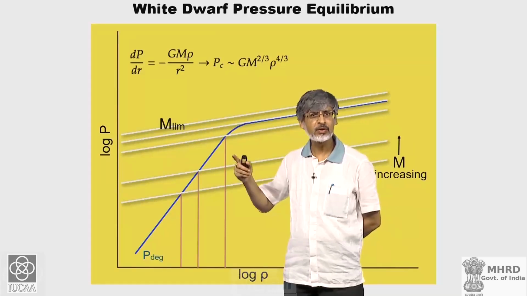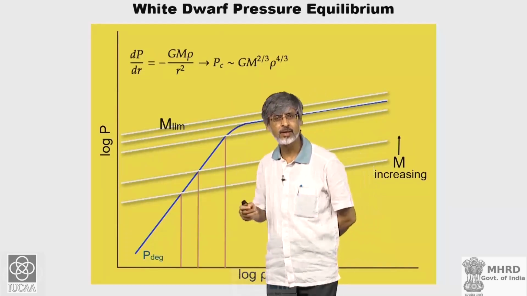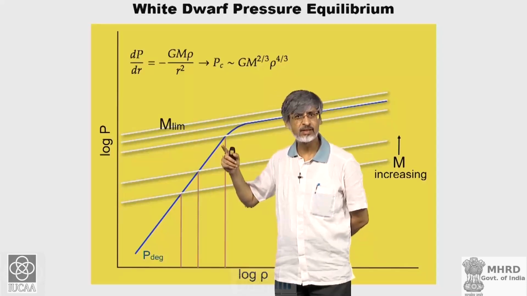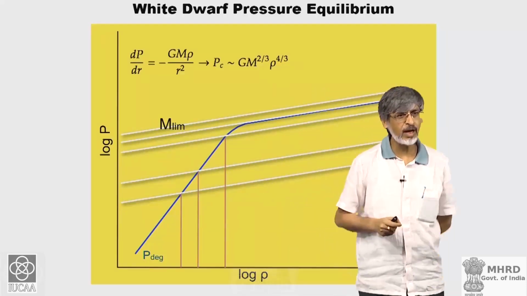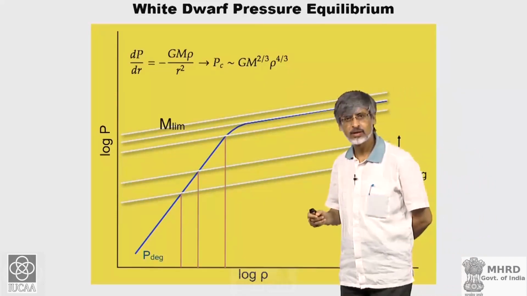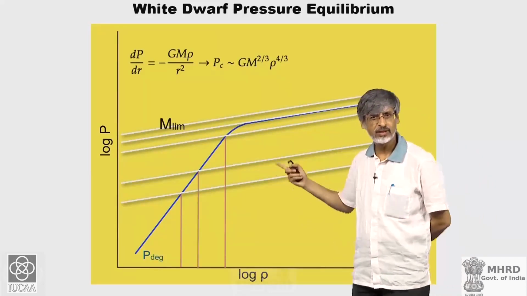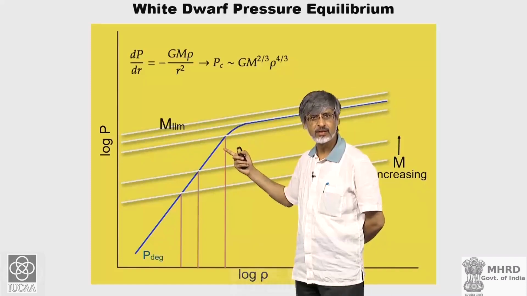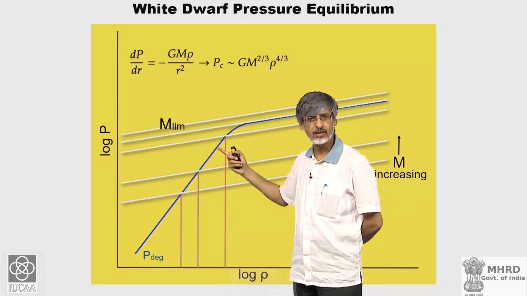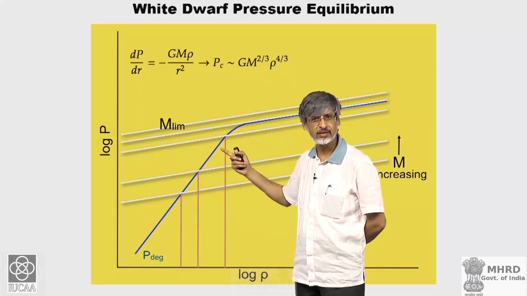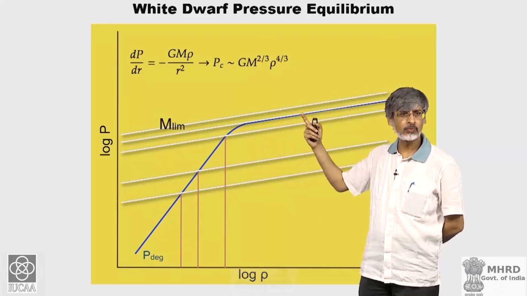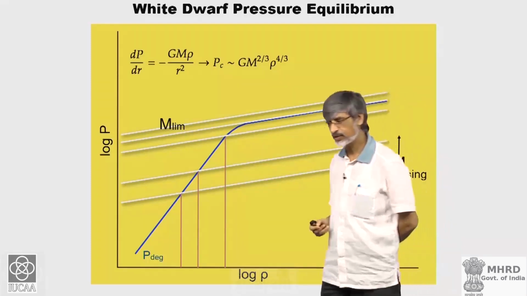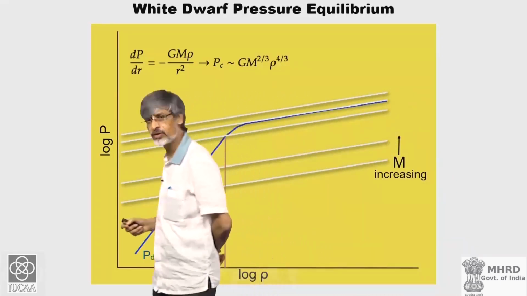So, as you keep moving to higher and higher masses, you see that the central density will keep moving up. As the central density keeps moving up, you will go over from the non-relativistic rho to the power of 5/3 region to the relativistic rho to the power of 4/3 regime of the electron degeneracy pressure.